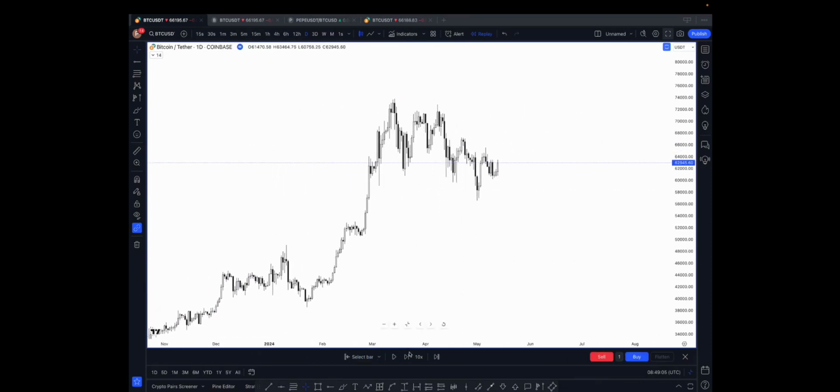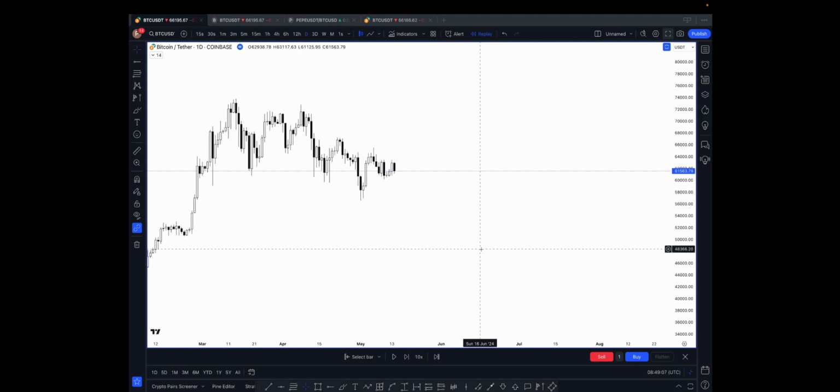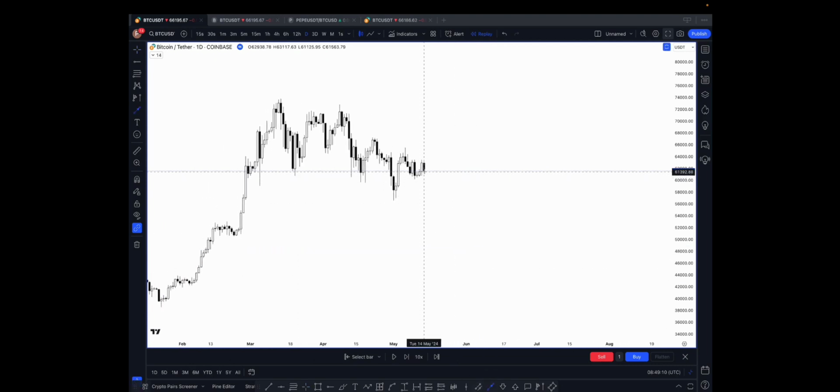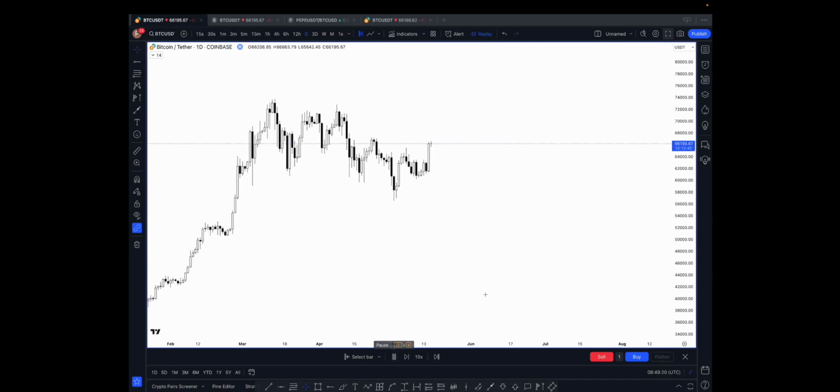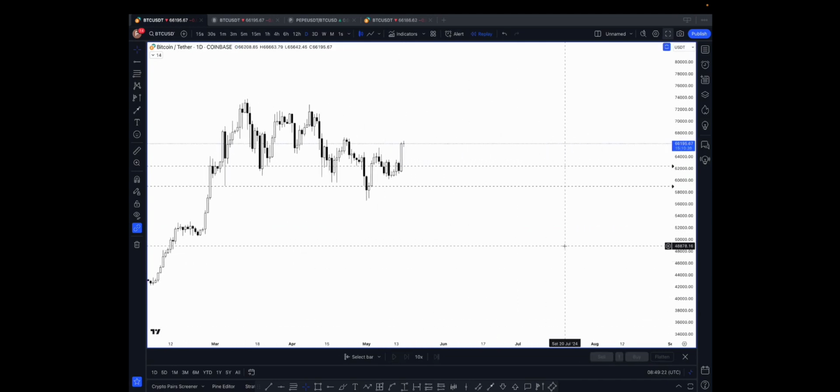Just there, people were worried that Bitcoin could just fall over, right? Downtrend, downtrend, downtrend, can't make new highs, it's going to roll over. So there was a significant downside risk just a day ago, and now boom, it's gone completely, can't go down. It's not true. Of course it can go down.